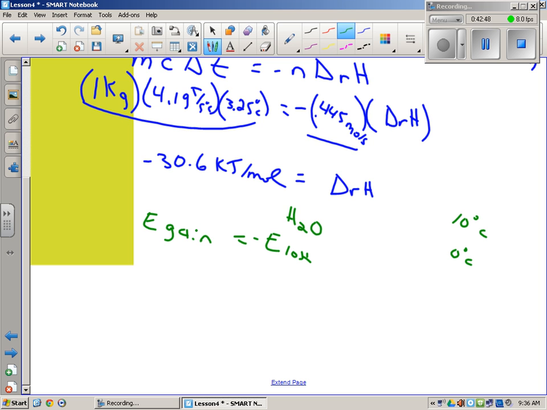Well, probably not a lot, guys. MC delta T probably on this side. Maybe you got to put your delta H over on this side, or maybe you got an MC delta T on this side, right? So maybe you're going to have that times N over on this side here. Okay? Flipped around. Or maybe you got the MC delta T thing here equals that stuff there, MC delta T.